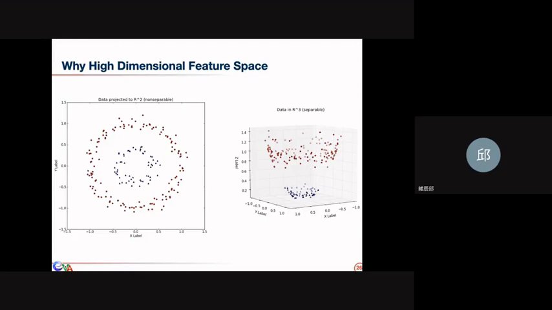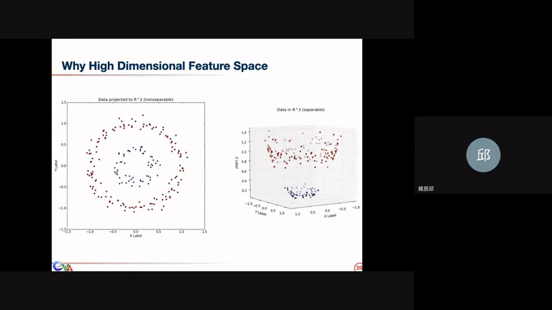Basically, we would like to use a higher dimensional, a little bit more complicated feature representation, but it can provide us the benefit that we might be able to use a very simple classifier or a very simple regressor in that high dimensional feature space.